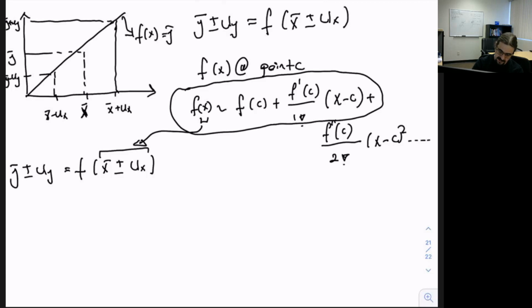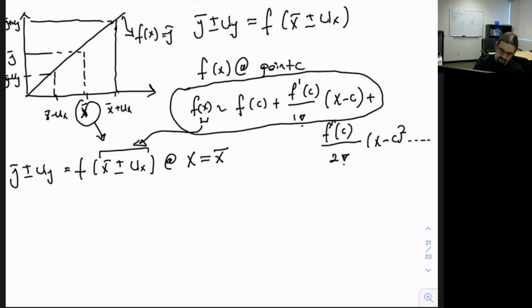Okay, so then the Taylor series expansion of that will be, and I will of course do this at x bar, right? So that's at x equal x bar. Okay, so then let's do that approximation.